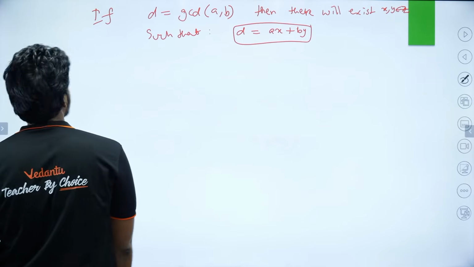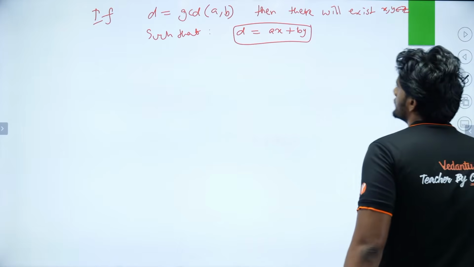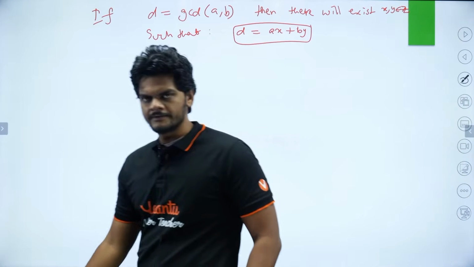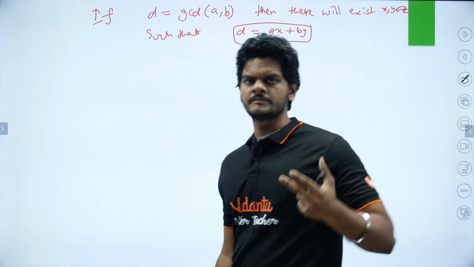So that will always exist. How do we know that? Because it comes from the Euclidean algorithm itself.